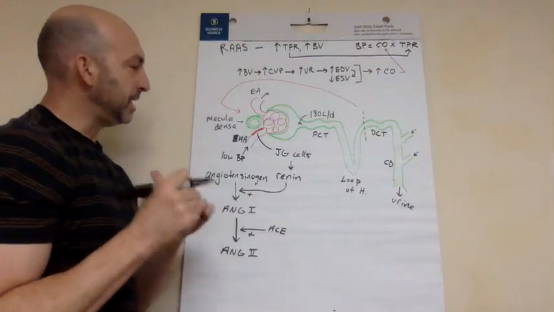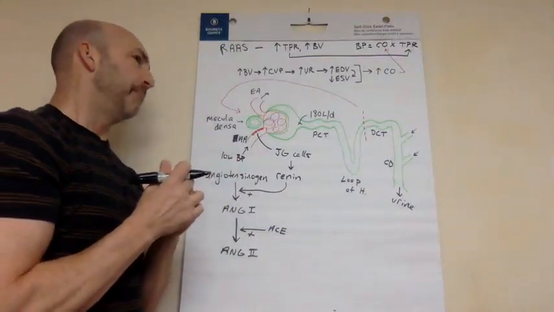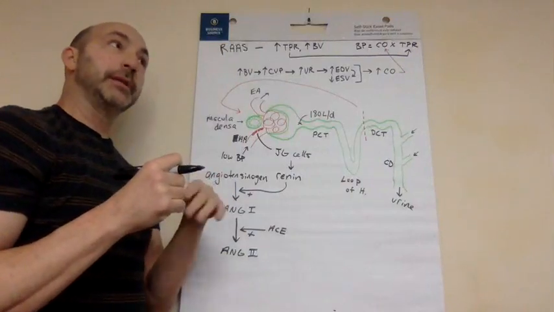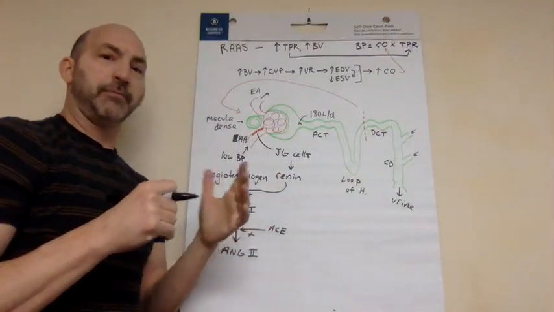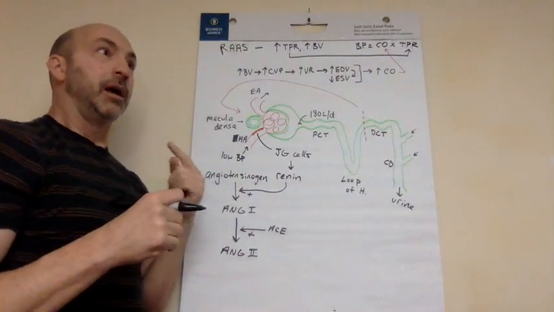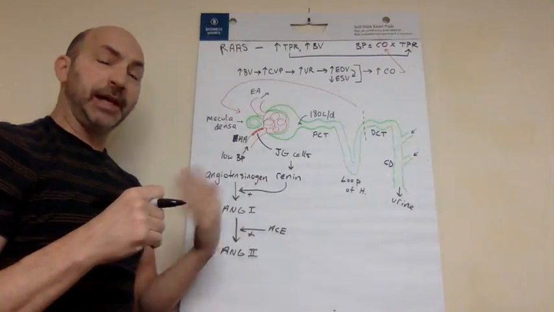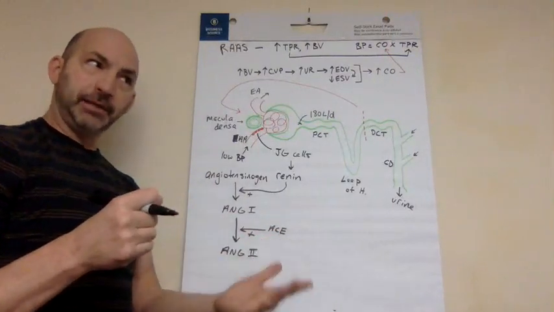Now, in addition, there's another indirect, well, there's two actually. When your systemic baroreceptors, right, pressure receptors in your aorta or your carotid sinus, sense low blood pressure, your sympathetic output goes up. That should make sense, right?